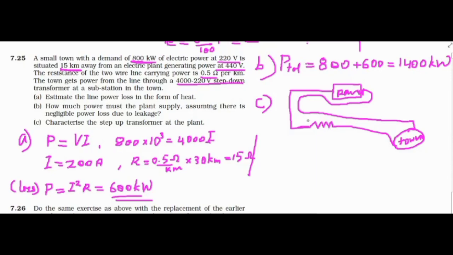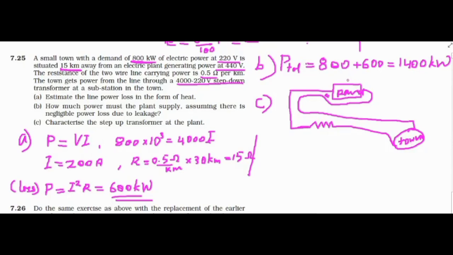One is the total transmission wire, and the second one is the total town. So whatever voltage is transmitted here from the power station will be dropped partly across the line, and the remaining part will be dropped across the town. That is our concept here.